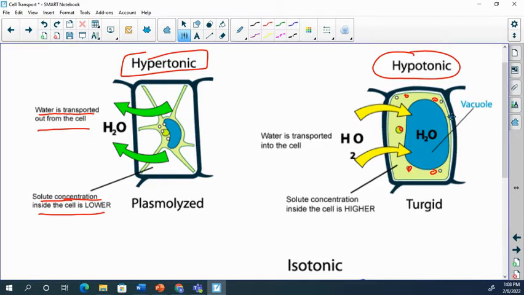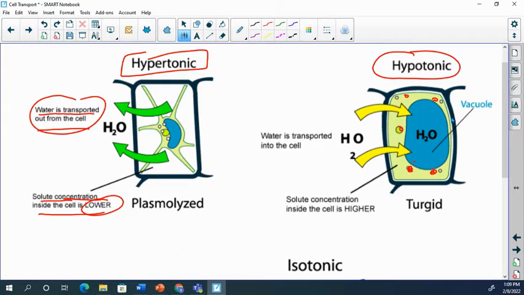So remember, in a hypertonic solution, you have less solute inside the cell. Water is transported out to balance everything out. In a hypotonic solution, the solute concentration is higher inside the cell. So there's more solute.